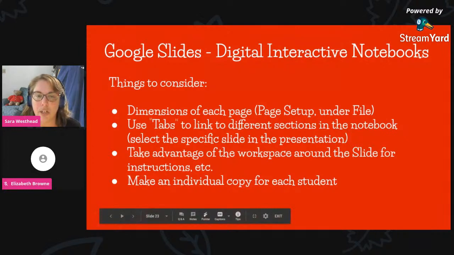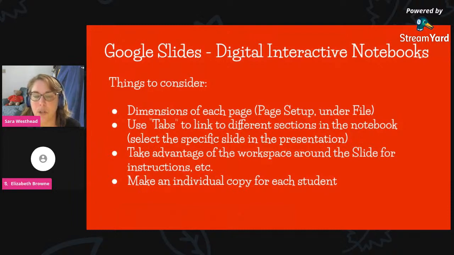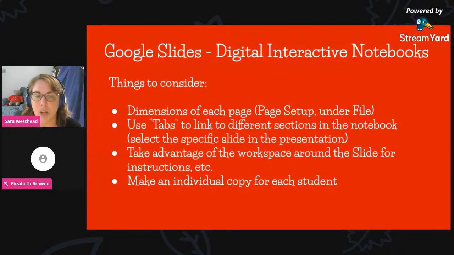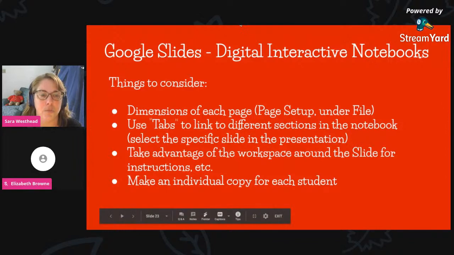If you are sharing a Google Slide digital interactive notebook through Schoology or Google Classroom, you can just set it to make an individual copy for each student. Otherwise, there's a trick that I'll show you at the end of the session that lets you share any Google document and force the person to make their own copy. So it really makes things a lot easier for you.